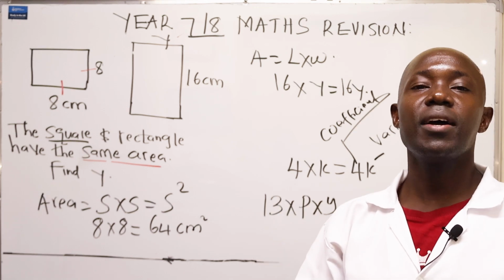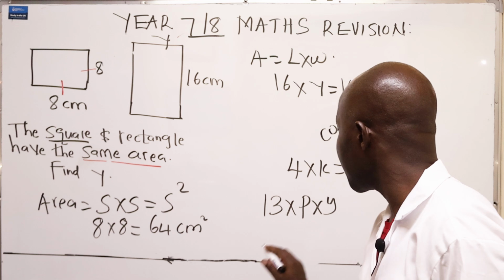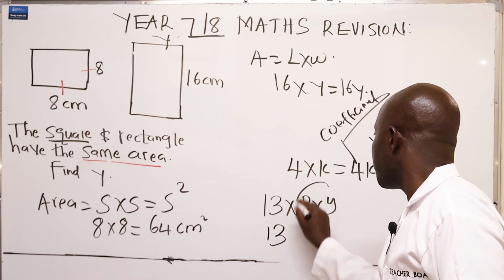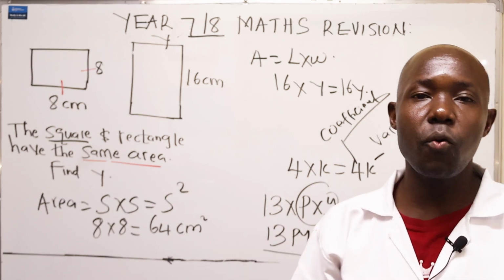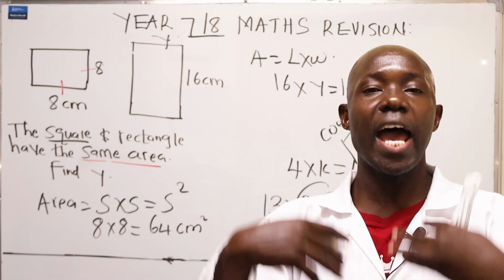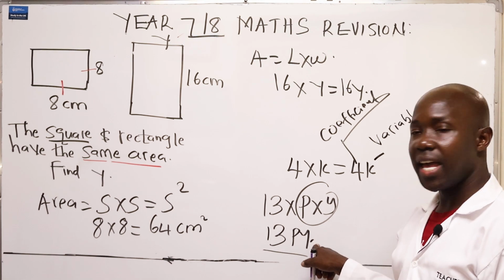Remember, a variable times a variable is the product of those two variables. So you can write 13, p times y is py. So 13py means 13 times y times p. And that is the meaning here.